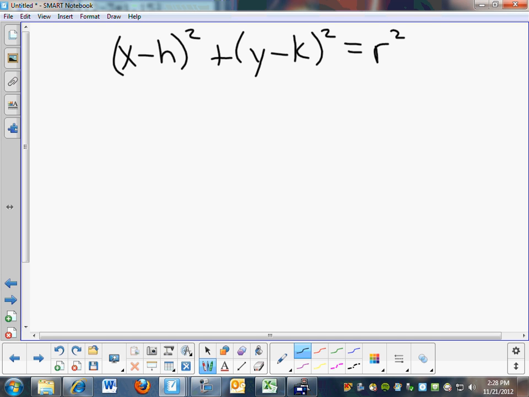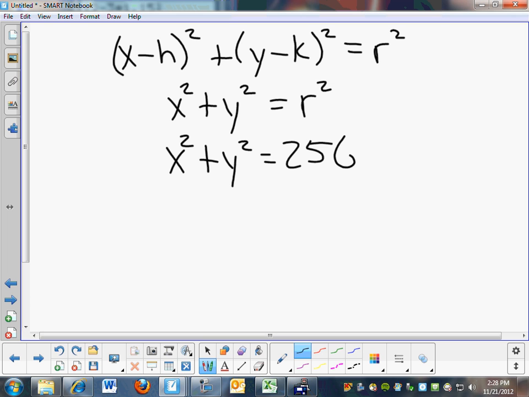What's the center of our circle? 0, 0. So if we plug 0 and 0 in for h and k, we get x squared plus y squared is r squared. We're getting closer here. What do they tell you r is in the problem? 16. So I have x squared plus y squared is 16 squared, or 256.